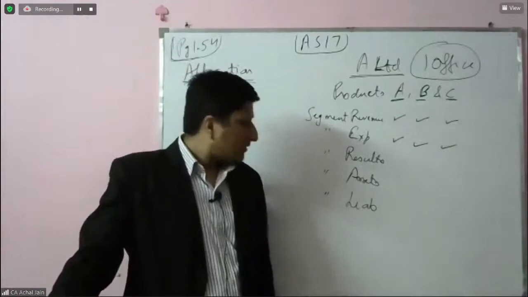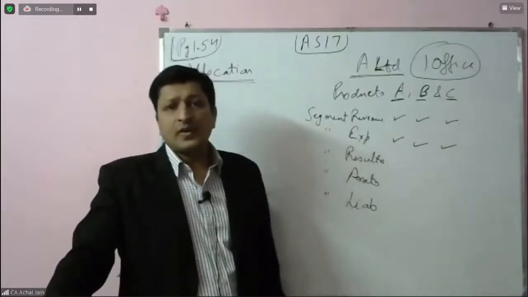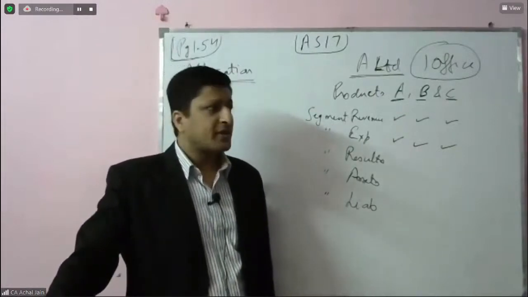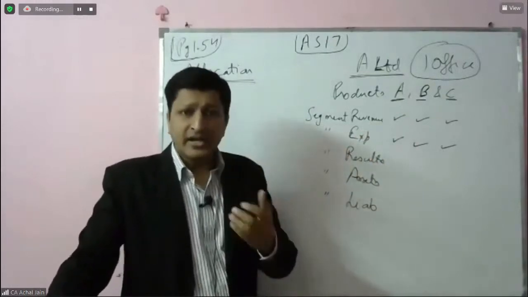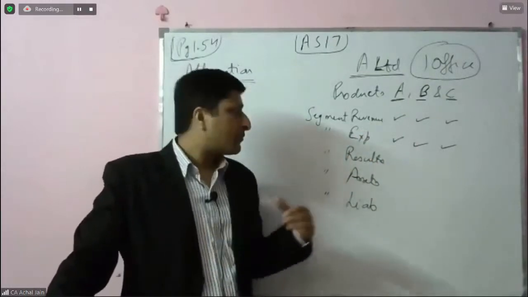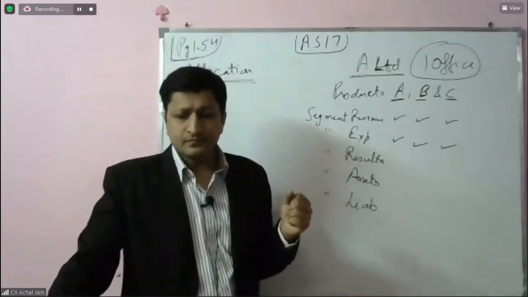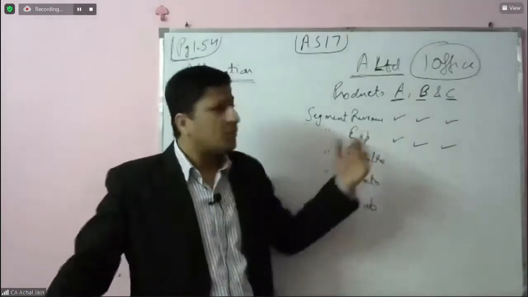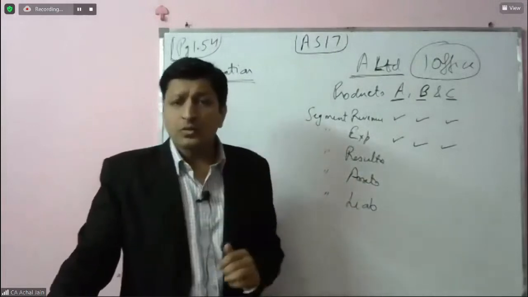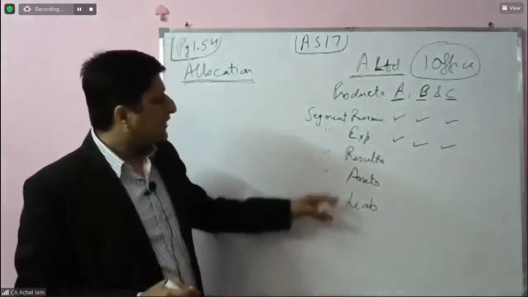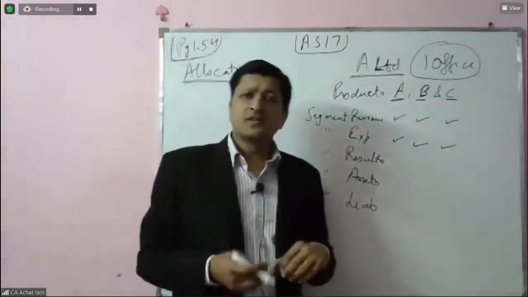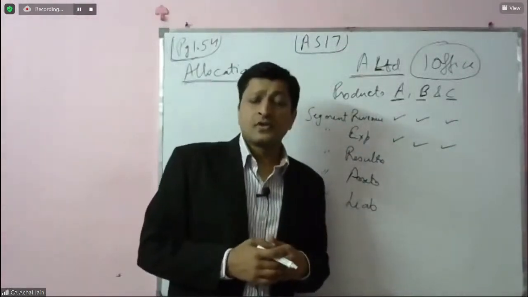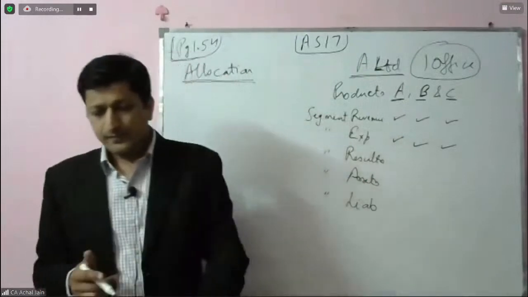Similarly, if you look at the assets of the company, furniture in future, one building, electrical fittings, vehicles of the company, all of these are common to the company as a whole. Now the question arises, how do we allocate such assets, liabilities, and expenses to all of these segments?